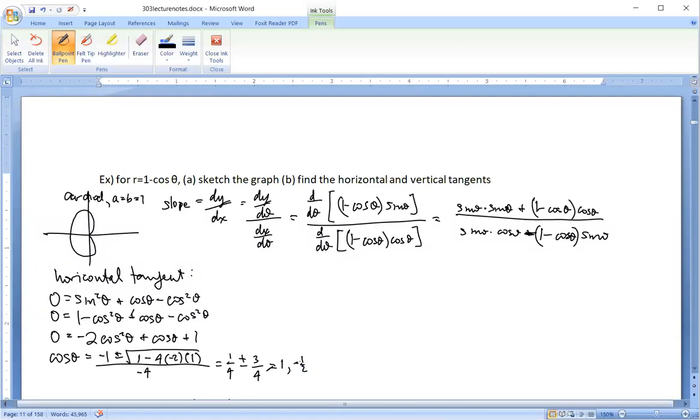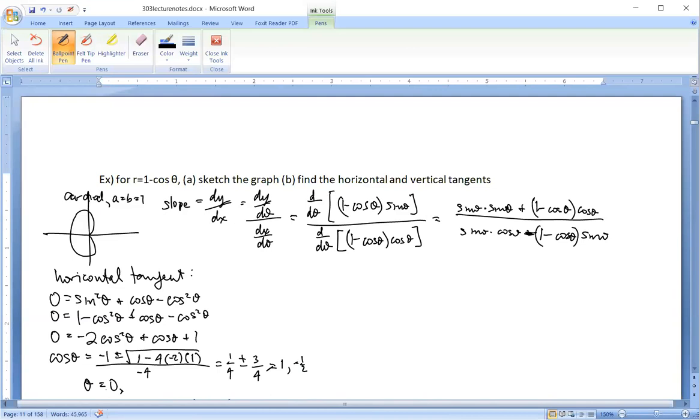So when does this work? Well, cosine theta is going to be 1 when theta equals 0. And then cosine of theta is going to be negative 1/2 when, okay, so we use our reference angles here.